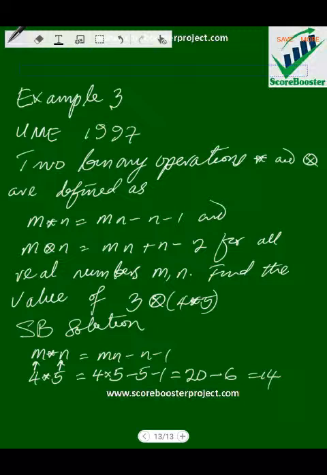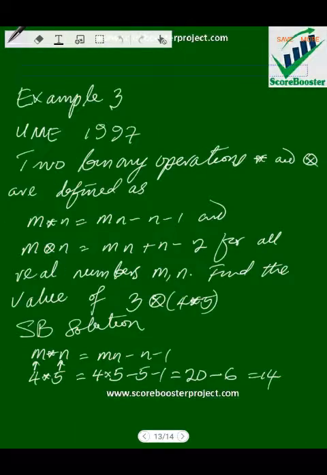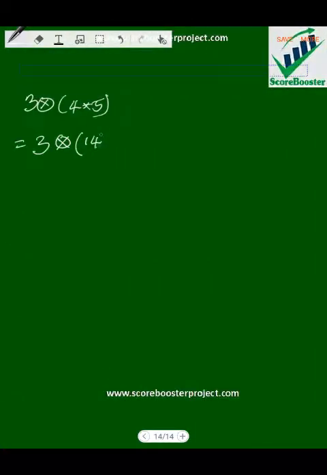So the next one now, I can write 3 cyclic x (4 star 5) is now equals to 3 cyclic x 14. Now remember, for this cyclic x, the formula is m cyclic x n is equals to mn plus n minus 2.